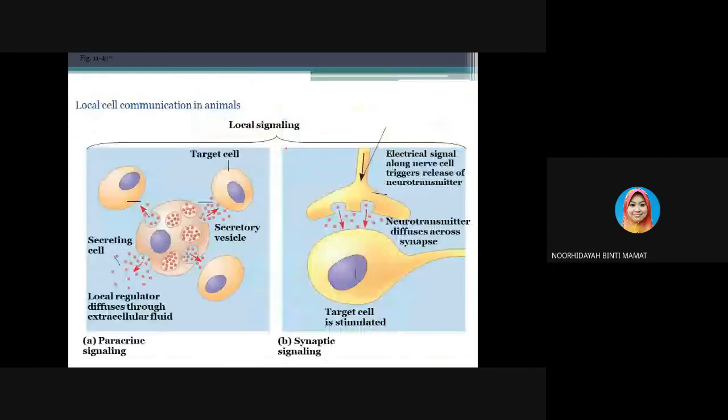So, local cell communication in animals. This is local signaling. We have paracrine signaling and synaptic signaling.